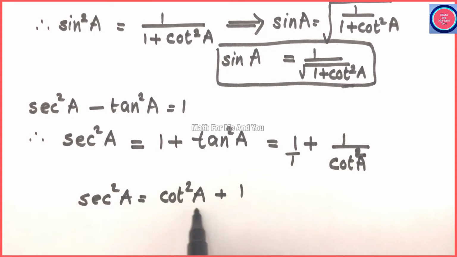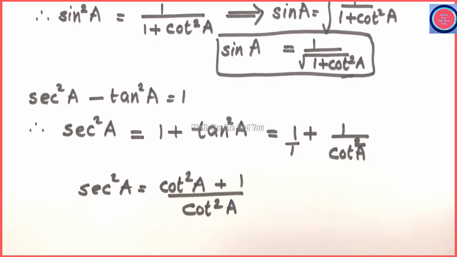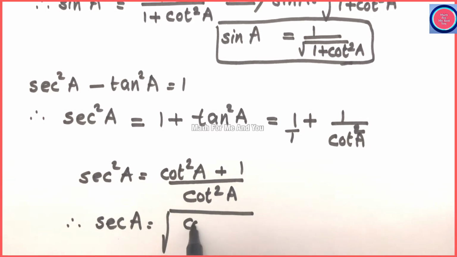So the numerator becomes cot square A plus 1 divided by cot square A. From here we can find what is sec A. Take square root on both sides. Left side we get sec A is equal to, the right side square root of cot square A plus 1 divided by cot square A.